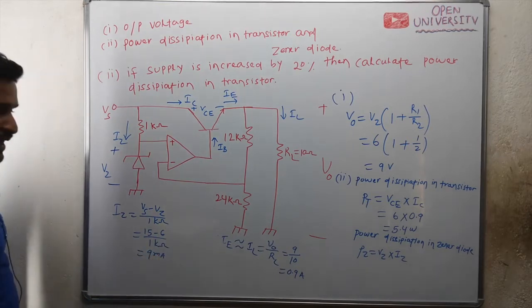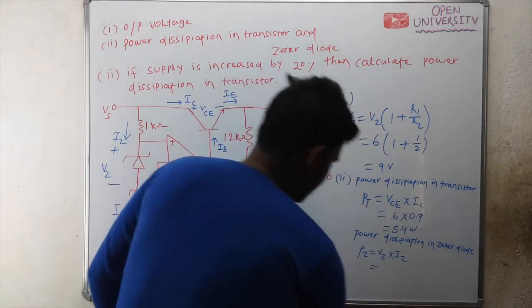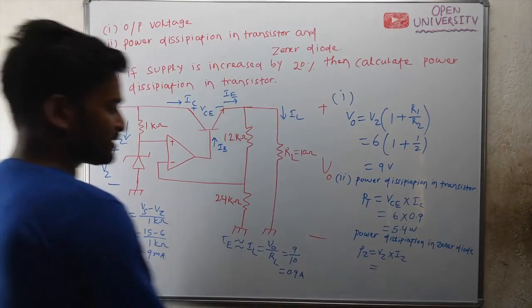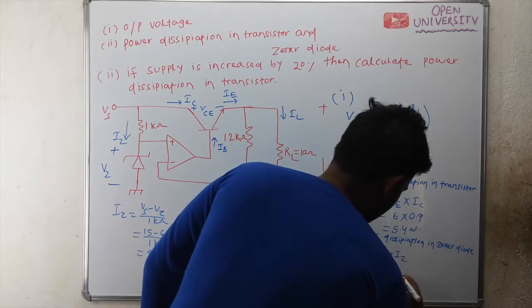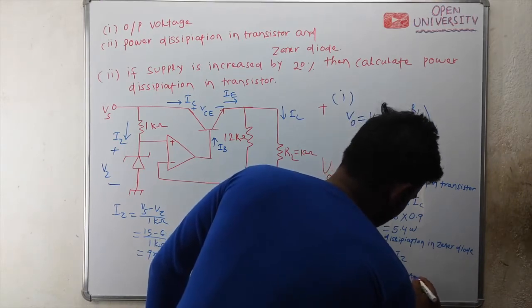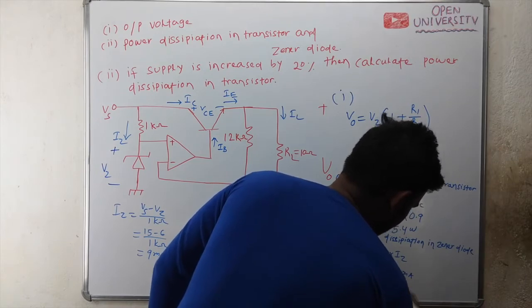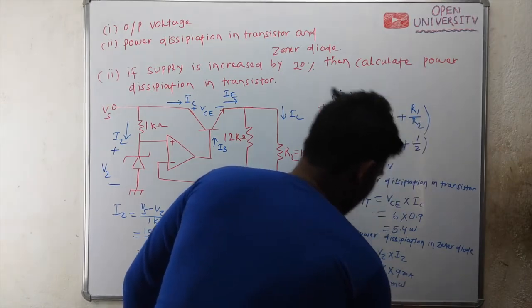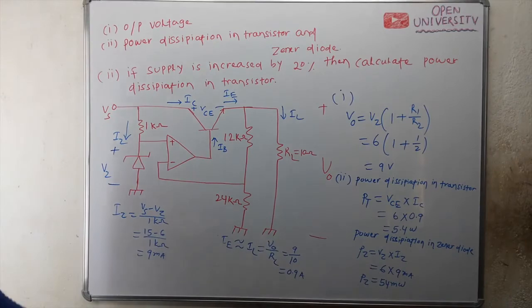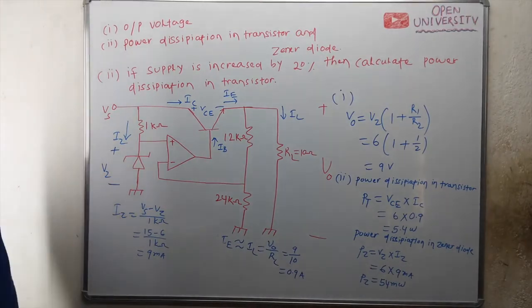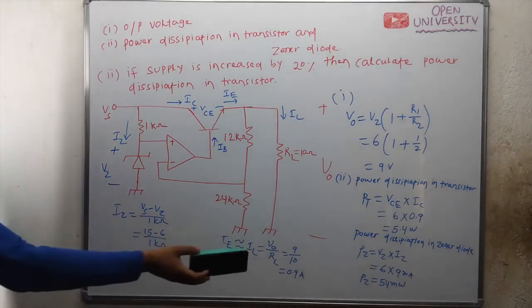So the Iz value is 9 milliampere. What will be the power dissipation through the Zener diode? The Vz value is 6. 6 into 9 milliampere, that will be 54 milliwatt. So the power dissipation through the Zener diode will be 54 milliwatt. This is the answer to the second question.